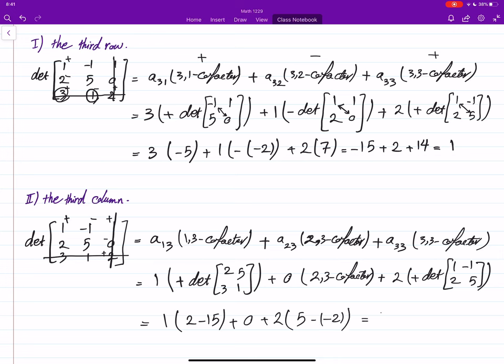This is negative 13 plus 2 times 7, which is 14, and adds up to 1. You see that they give us the same number 1, but we did a completely different set of computations.